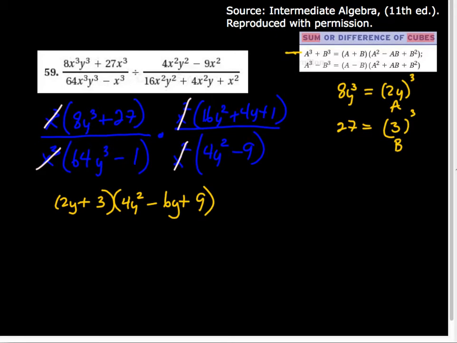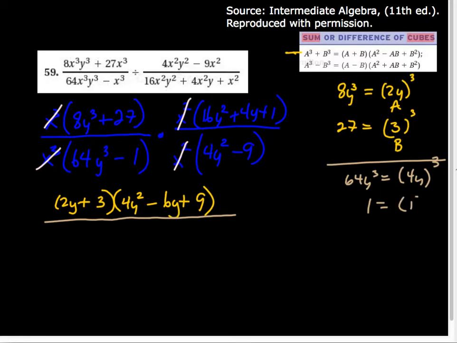Let's use a different color here. The bottom will go with, it's a difference of cubes this time. So 64y cubed is the same thing as 4y all cubed. And 1 is the same as 1 all cubed. So again, this will be a, this will be b. So a minus b this time. So 4y take away 1.